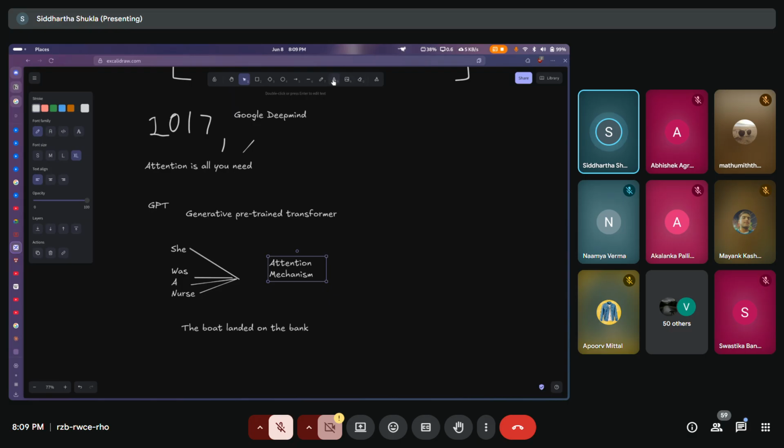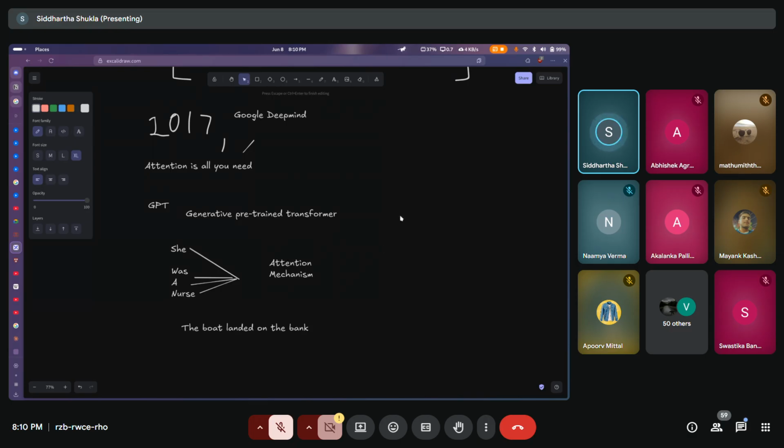What happens is when we're feeding these tokens individually, these "she", "was", all of these tokens, the attention mechanism basically lets these words communicate with each other.